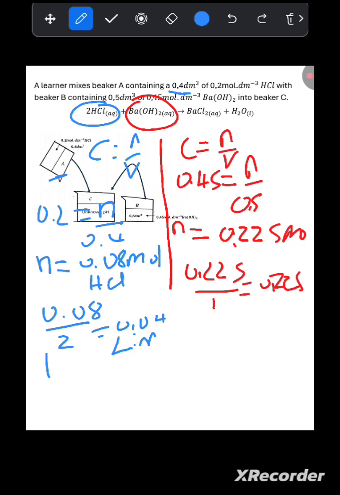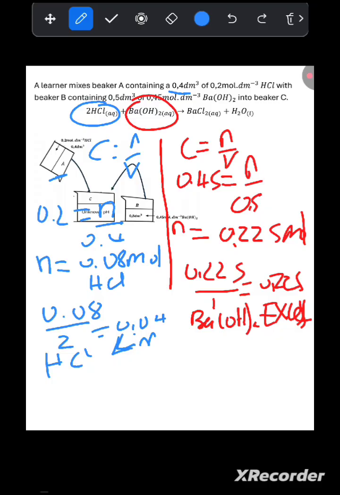So meaning HCl, the acid, is limiting. Then automatically the base, barium hydroxide, is therefore in excess. After dividing by the coefficient, the one that is less is the limiting reagent.